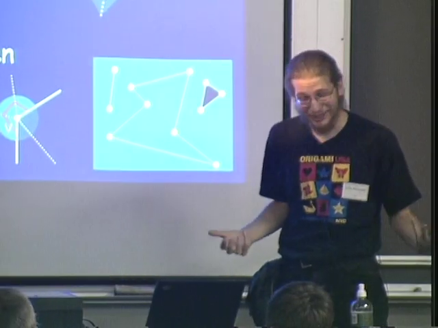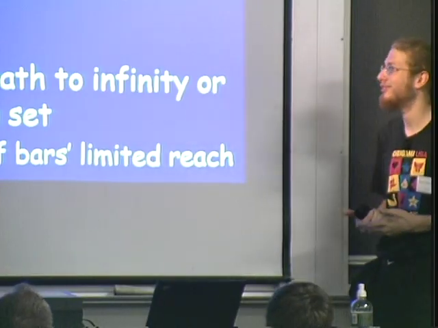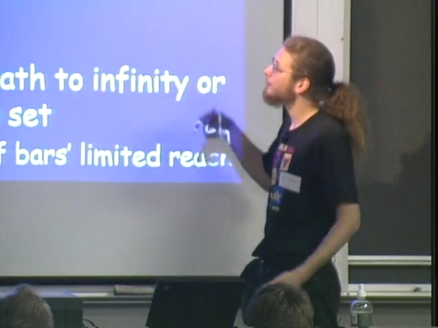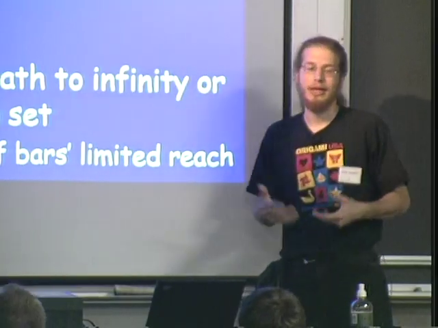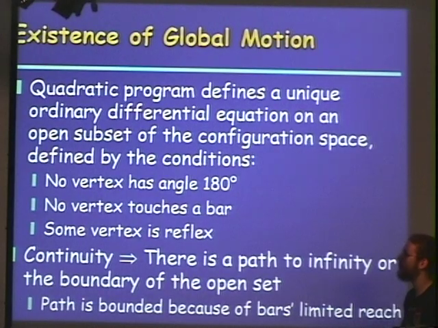But you may recall that infinitesimally flexible is not enough to be flexible, and so you need a little bit more work. I don't want to go into the details because they're not too interesting. You basically pick some canonical infinitesimal motion by, say, adding an objective function to the linear program, making it strictly convex. And that'll give you a differential equation. At every point, you know to the first order which way you should go.